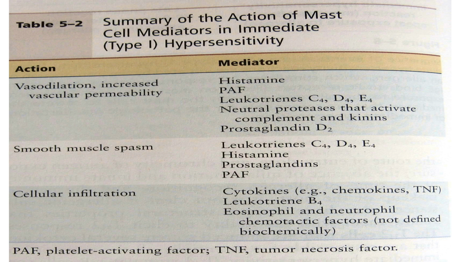These mediators influence the vessels and form vasodilation and increased vascular permeability, and other mediators influence the muscle and form spasm of smooth muscle. Cytokines, leukotriene B4, and other mediators influence the cells and may form cellular infiltration.